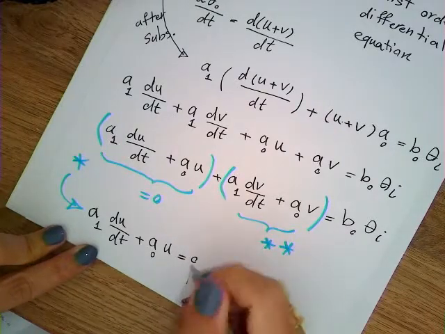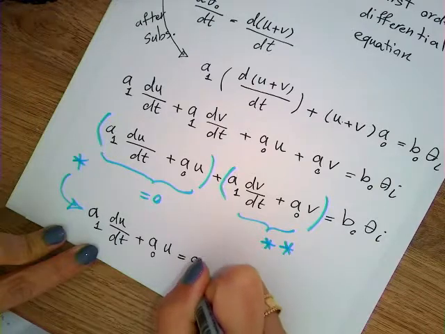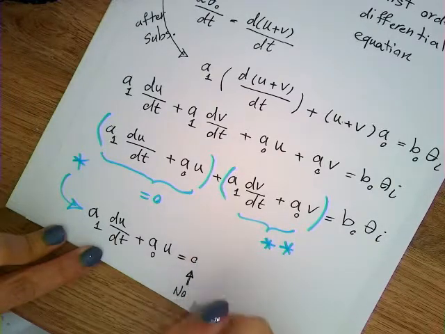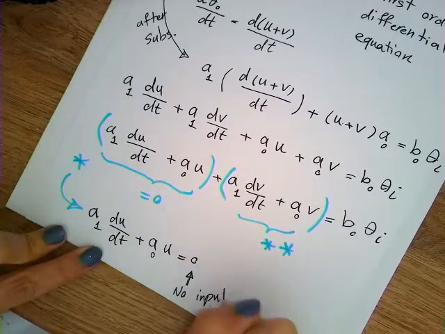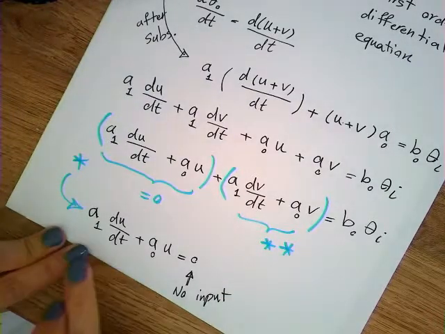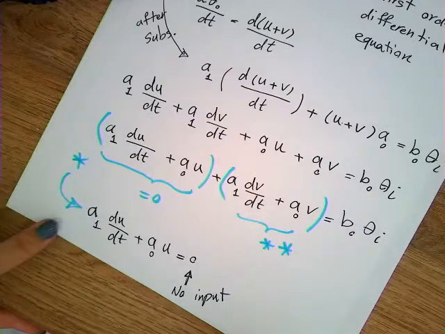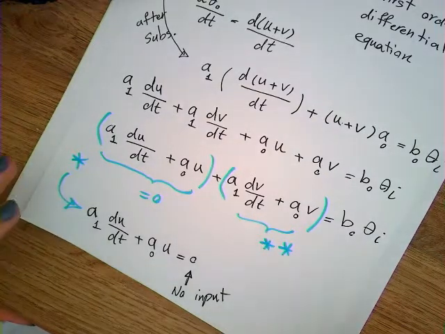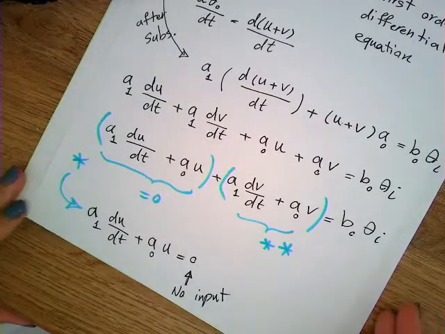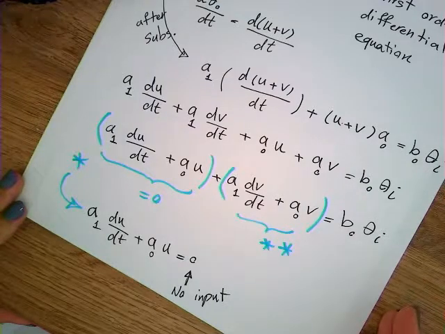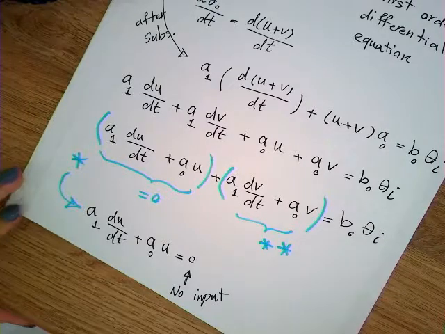So I don't have any input. So this type of response, which is a part of my total response, can be called transient response. Another name that we call it is free response.